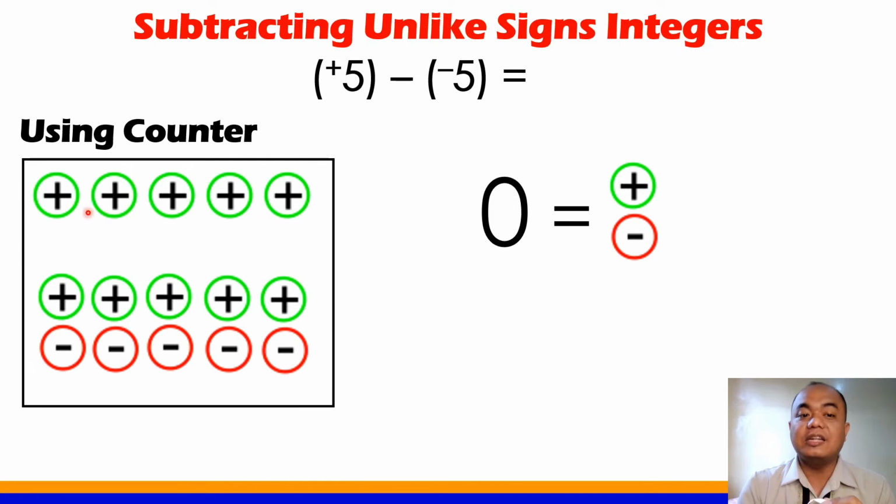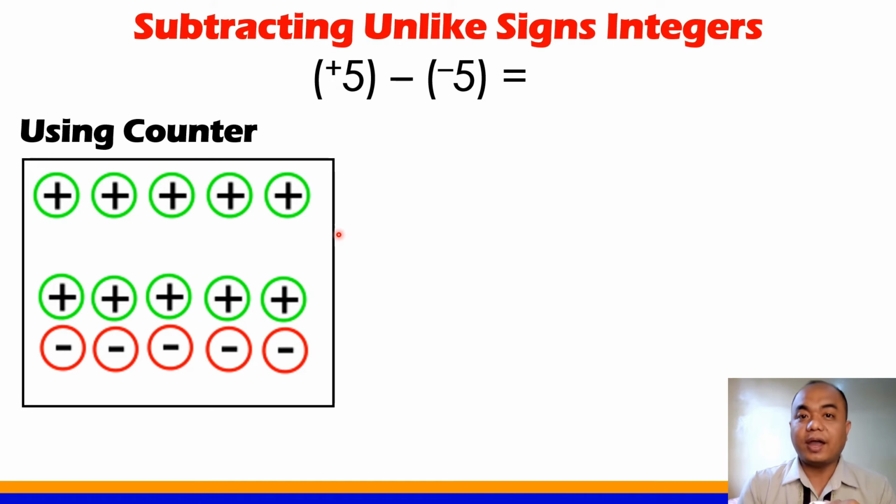Pero again, hindi nagbago ang value ng positive 5 natin dito. We are now ready to take away negative 5 na counters. Kukunin na natin yung negative 5 dito na counters, ilalabas natin sa box, at yung matitira sa loob ng box ay ang final answer natin sa problem na to. Okay, please observe.